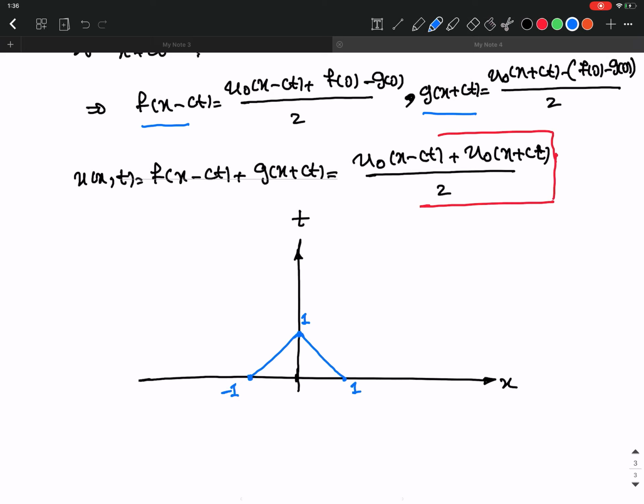So this is gonna be the function at t equals to 0. So now the question is, what happens as t increases? Okay, so as t increases, we have two traveling waves. One is going to the right, and one is going to the left.